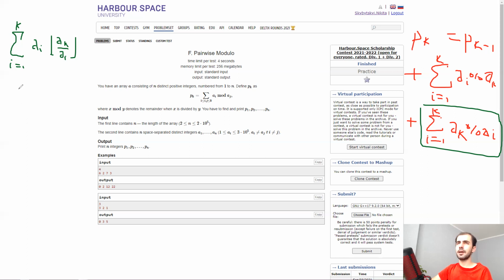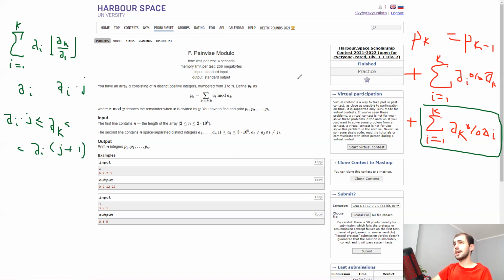Once again, AI contributes AI times J to all intervals such that AI times J is at most AK, and AK is no greater than AI times J plus 1.